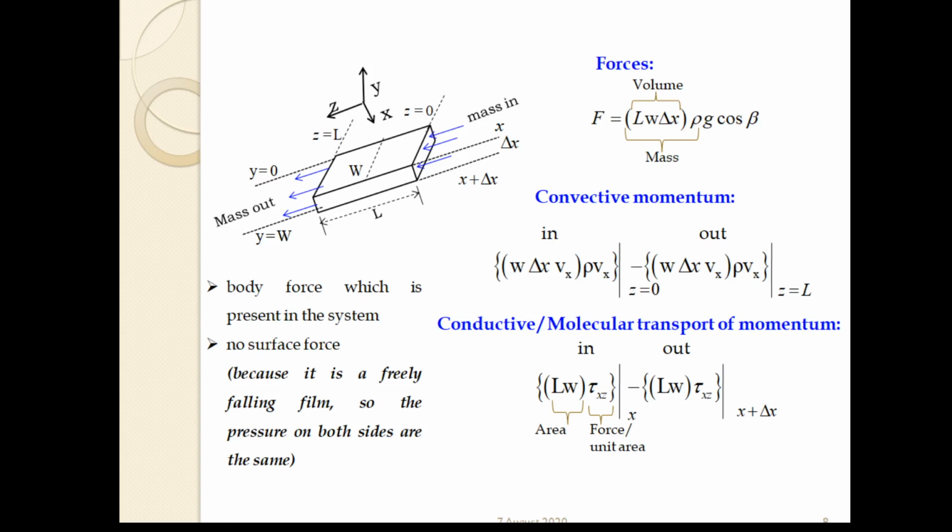So now the overall governing equation will be: convective momentum in at z equals 0, minus convective momentum out at z equals L, plus conductive or molecular transport of momentum in at x, minus conductive or molecular transport of momentum out at x plus del x, plus the summation of all forces acting on that control volume, which we found to be mass multiplied with g cos beta.